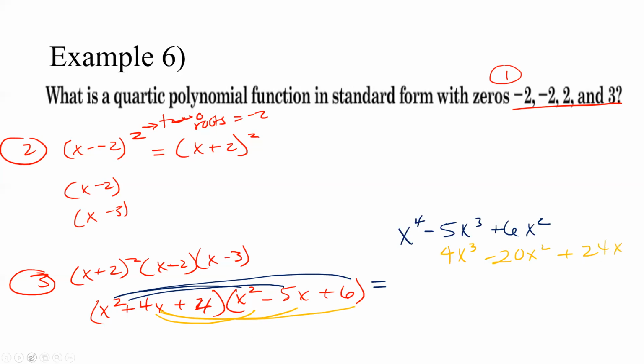And then I still have one term that has not been distributed. So 4 times x squared is 4x squared, 4 times negative 5x is negative 20x, and 4 times 6 is 24.